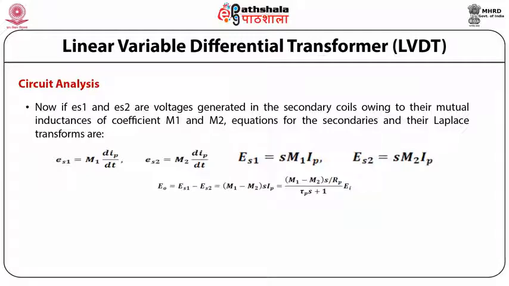Now taking E_i to the denominator, the ratio will be equal to s (M1 minus M2) divided by R_p times (tau_p s plus 1).